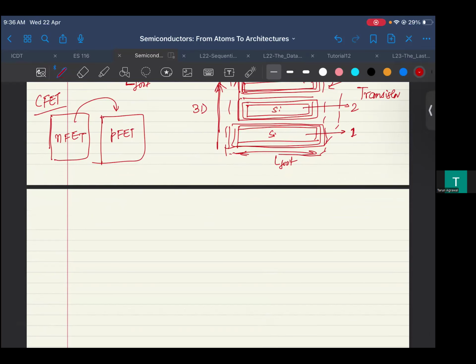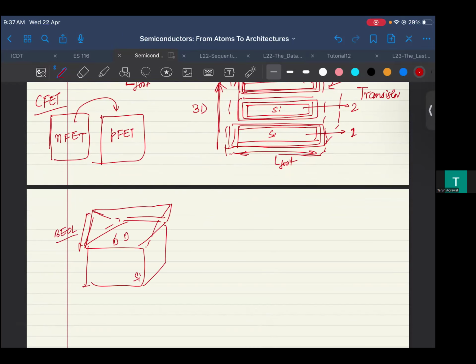So what is this transistor doing? As we said, this is a silicon die. On the die, these transistors are going to connect to each other through the metal layers. So these are your back end of line, right? Through the back end of line, you will connect these things. The question is, again, we want to pack many more transistors, right?